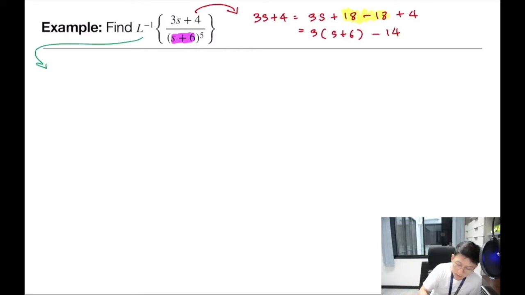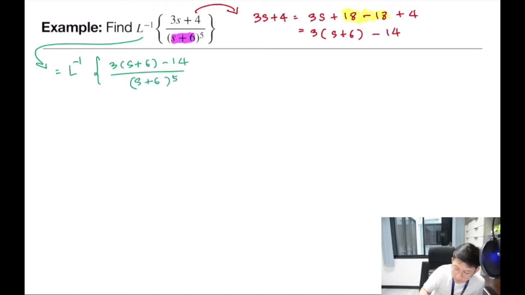So this inverse Laplace becomes L inverse of 3s plus 6 minus 14 divided by s plus 6 to the 5. Okay, so guys, right now we see s plus 6.